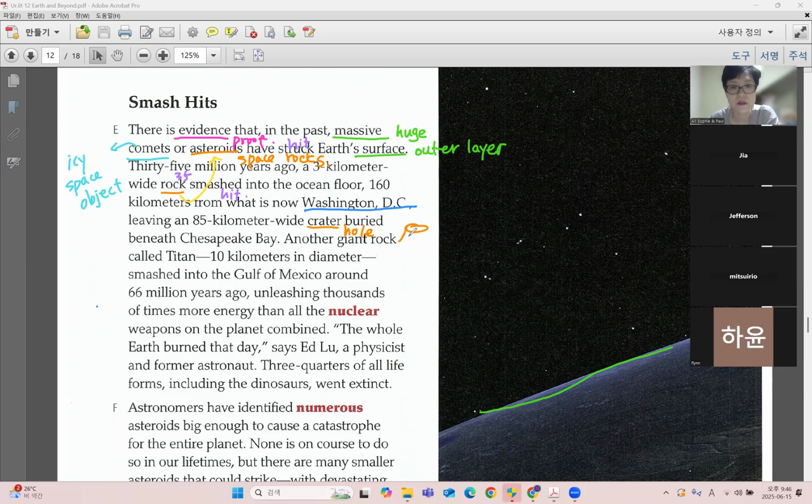Yeah, you know the crater like this. Buried beneath, covered. Buried beneath, under Chesapeake Bay. Where? Chesapeake Bay, near Washington, D.C. You said you lived in the States for 3 years. Yeah. Where?